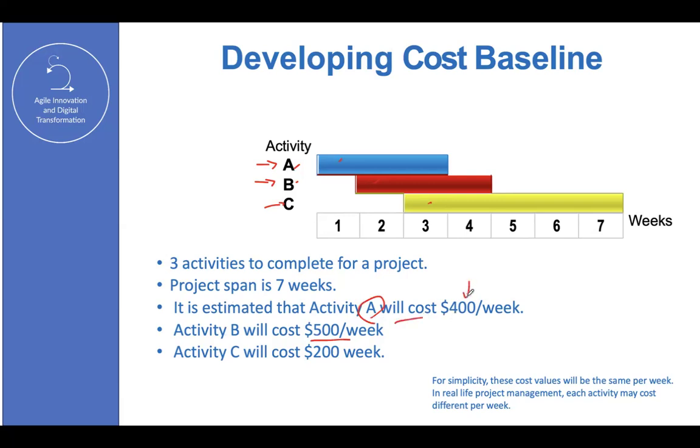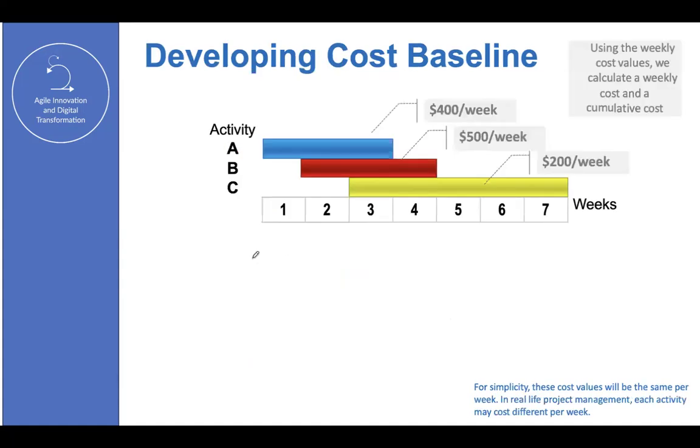Pay attention, this is very easy. Activity B costs $500 per week, and activity C will cost $200 per week. The duration of the project is 7 weeks. Now, you and me, we're going to calculate the baseline.